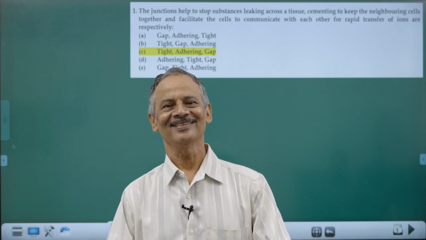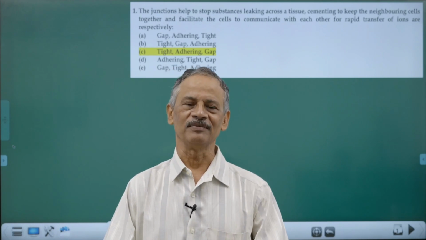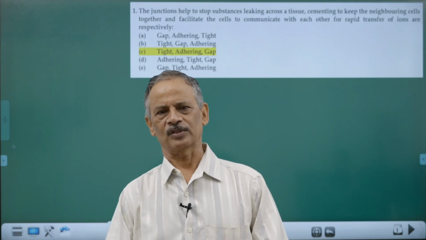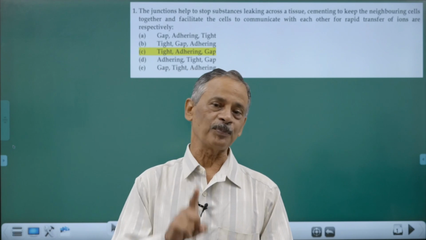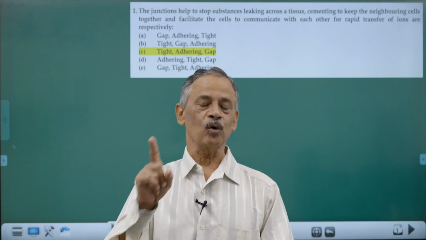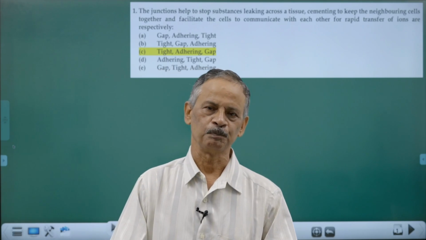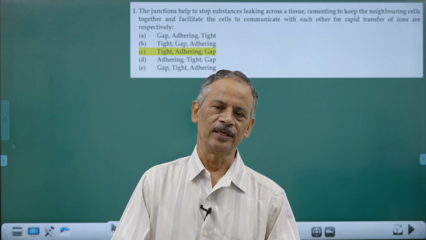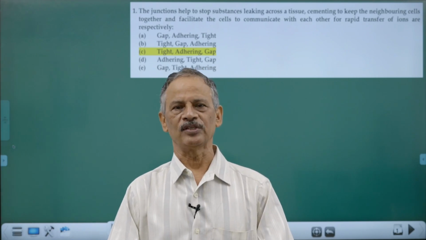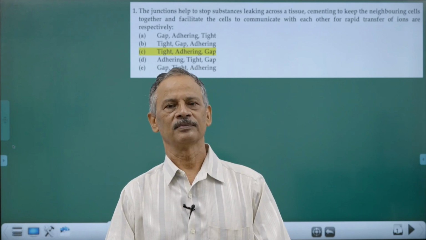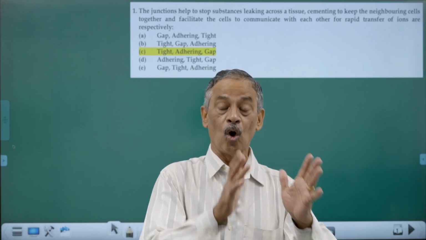Welcome to our session. Today we'll be discussing the most probable 30 questions from the chapter Structural Organization in Animals, chapter number 7. These are the most probable questions likely to be asked either in the pattern or in the content.